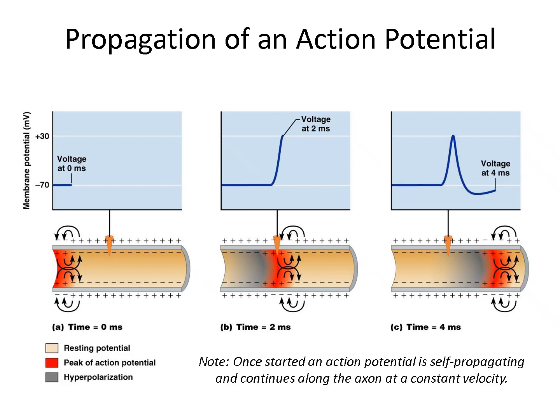By 4 milliseconds, the depolarization has moved further along the axon while the original section begins to repolarize and return to resting potential. This wave-like process continues in one direction, ensuring that the action potential does not move backward. In other words, once started, an action potential is self-propagating and continues along the axon at a constant velocity, allowing signals to travel efficiently across long distances.